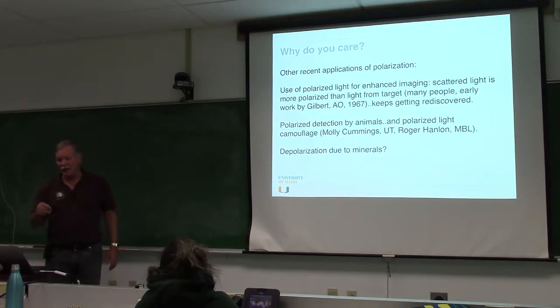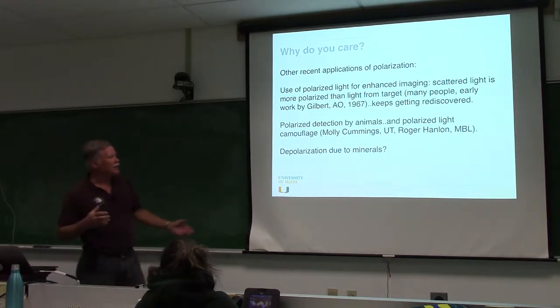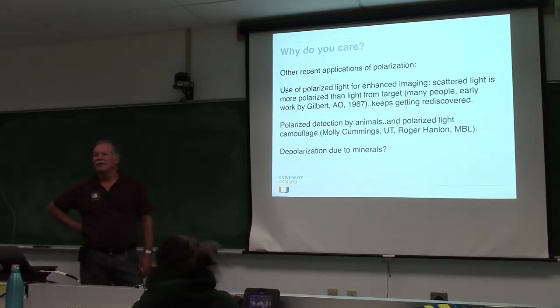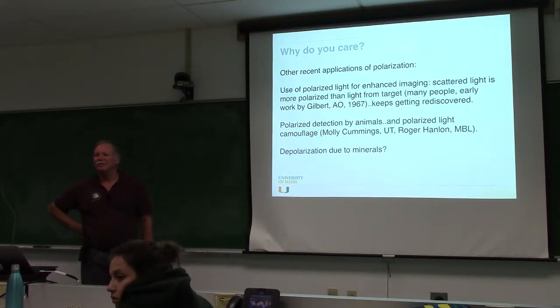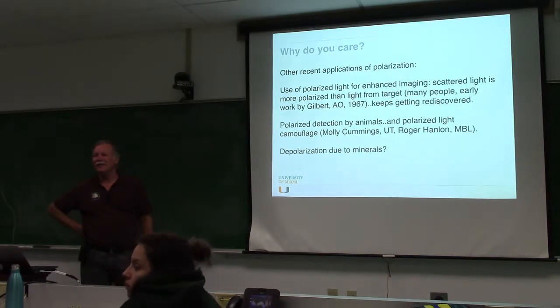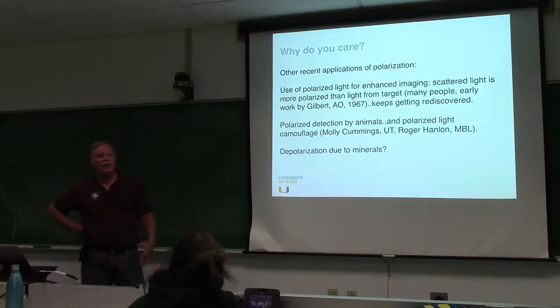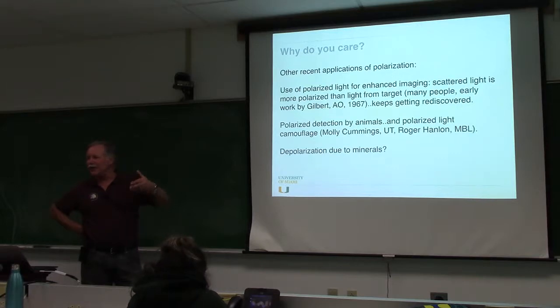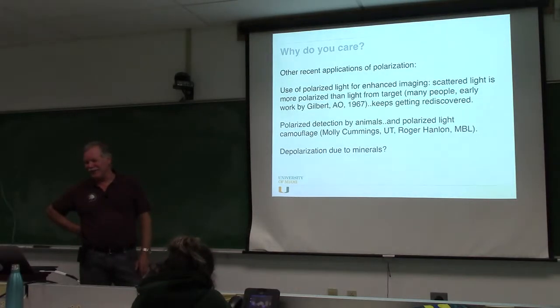There are about 21 different groups that have polarized vision. Their eyes are different than ours. They sense polarization. Some of the animals can actually vary the polarization of the reflectance from them to hide or not hide or signal. It's pretty interesting.